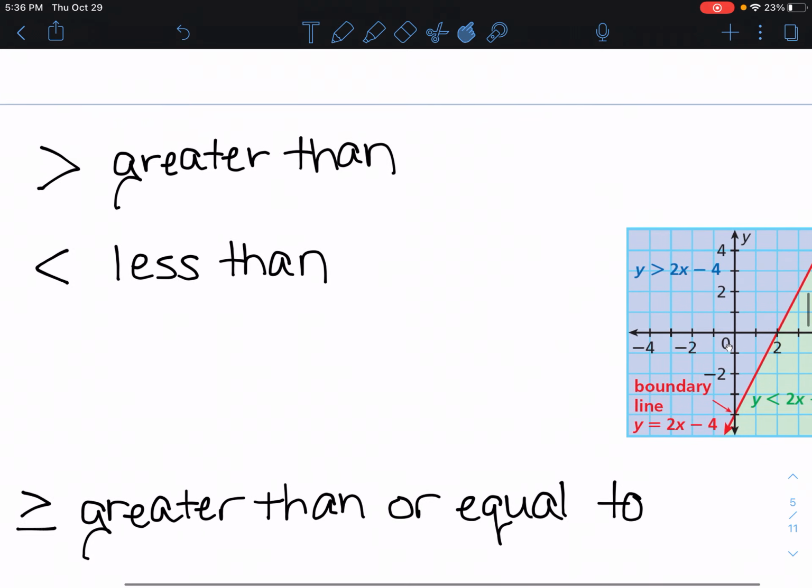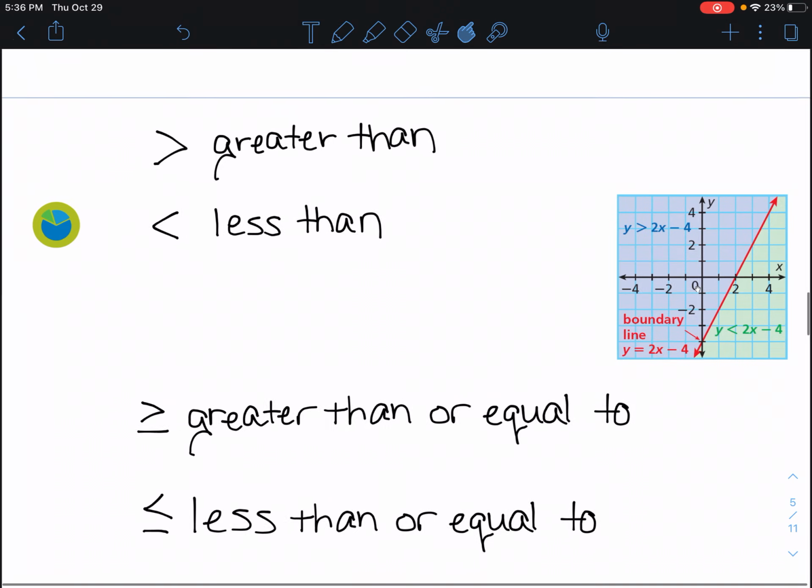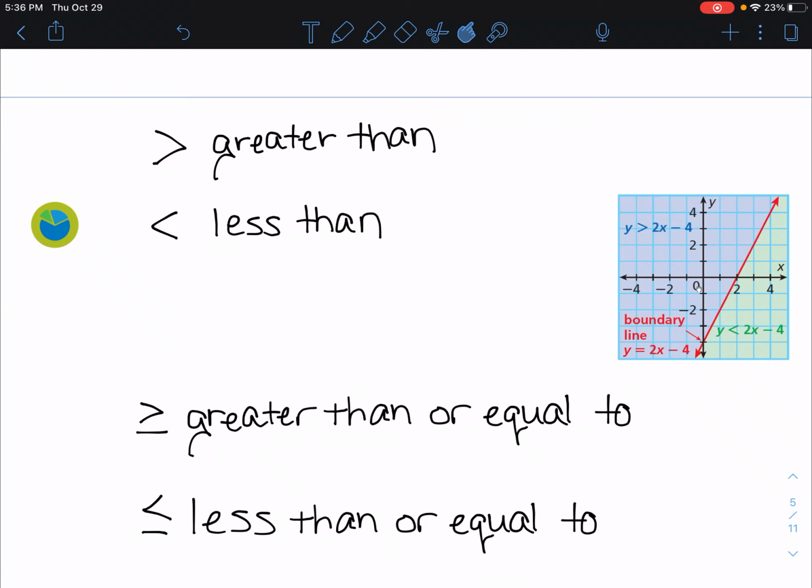All right, so we have our symbols here, right? Greater than, less than, and then greater than or equal to, and less than or equal to. So how are we going to determine what we do? If the boundary line is not included, how do we signify that? Before, if we had one variable, we just used an open dot, okay?